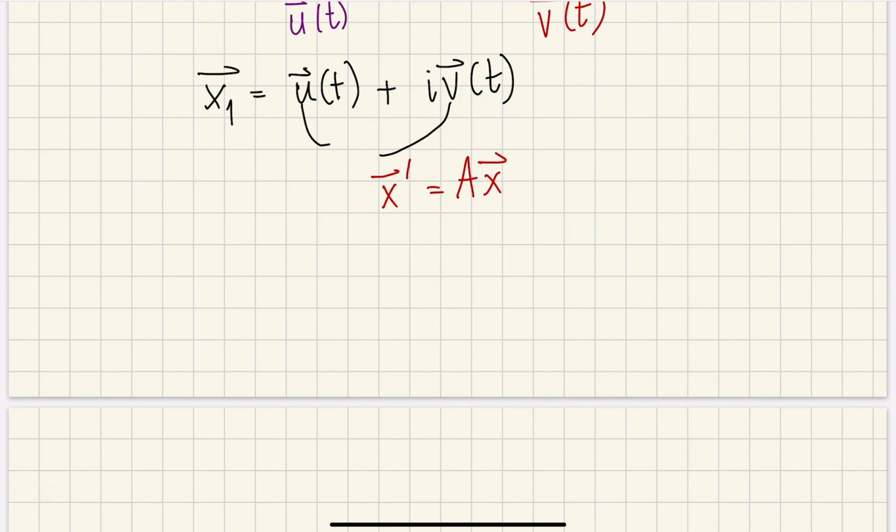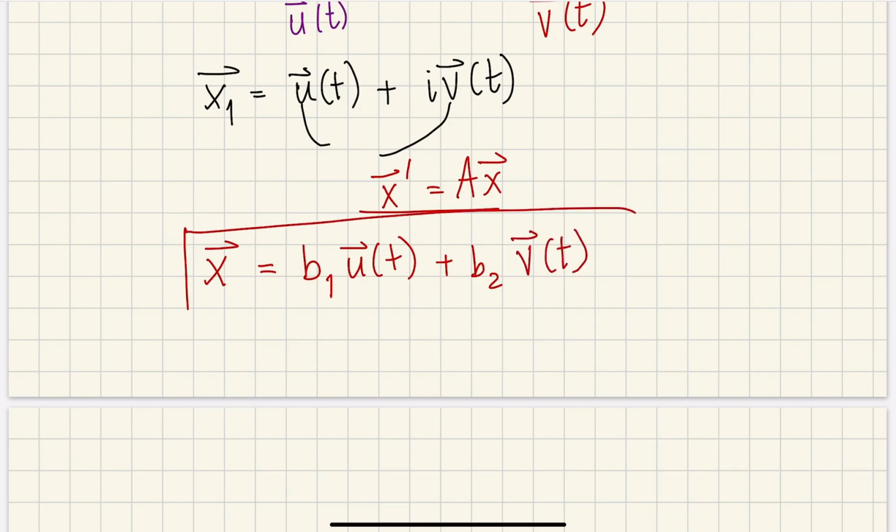So our general solution becomes b1, which is a constant, u of t plus b2, which is again a constant, v of t. So this is the general solution if you have complex eigenvalues.